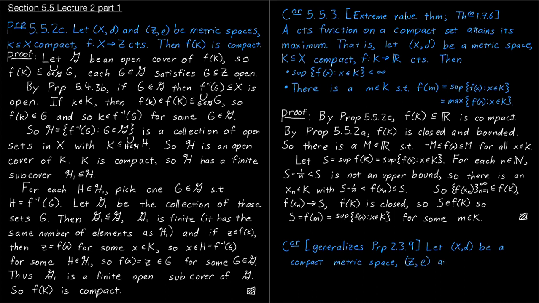Let (Z,delta) be another metric space, and f, a function from X to Z, a continuous bijection.